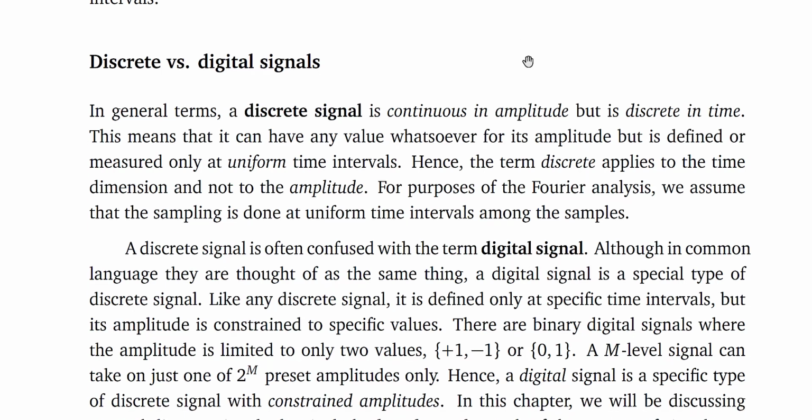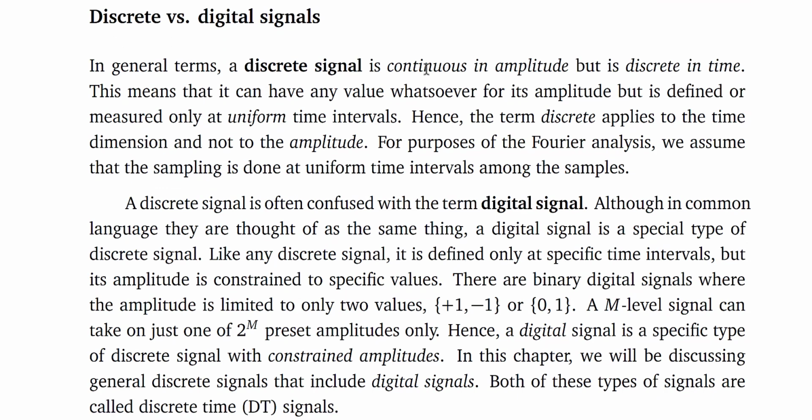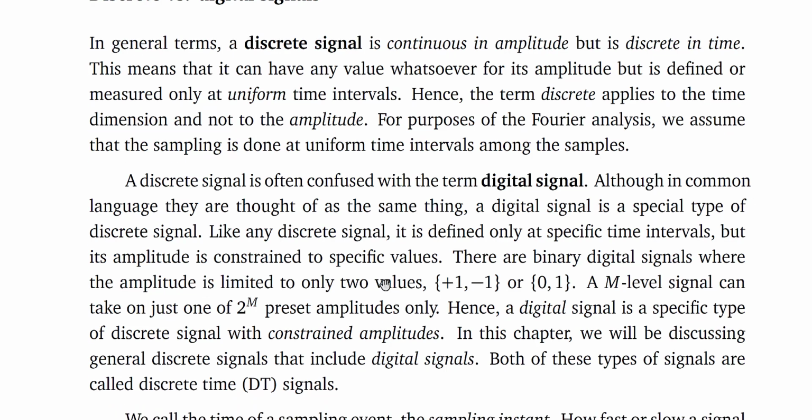A discrete signal is often confused with the term digital signal, because the difference between discrete signal and digital signal is as follows. A discrete signal, as I said, is continuous in amplitude, whereas in a digital signal, the amplitude is constrained. You know about binary signals, which are constrained to, say, +1 or -1 volts, or from 0 to 1 volt.